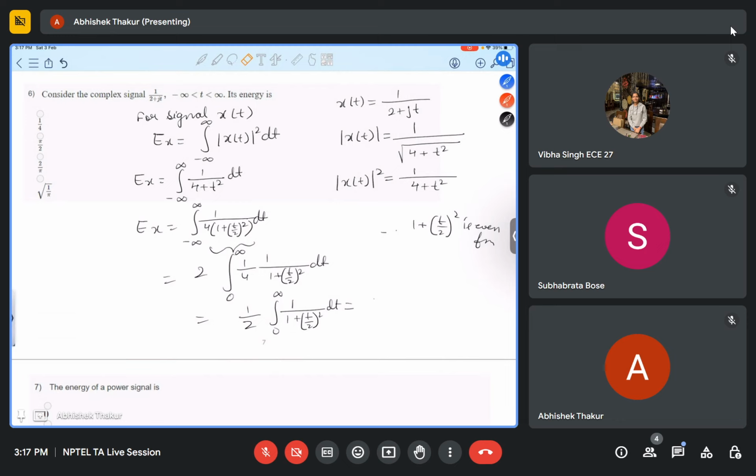After doing that, we will get 2 into tan inverse t by 2, and t is from 0 to infinite. So tan inverse infinite will be pi by 2, and tan inverse 0 will be 0. So pi by 2 minus 0. For this question, the correct option is option number 2, that is pi by 2.